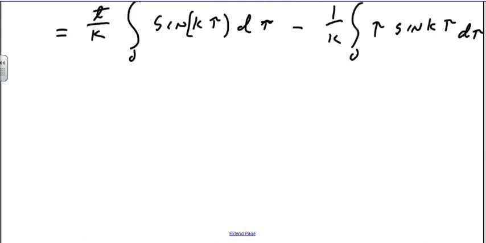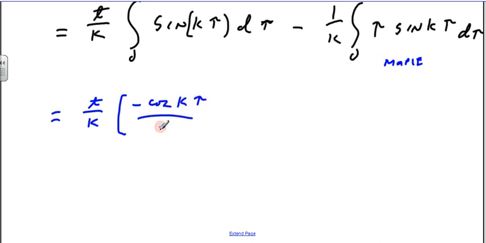So I go to my Maple program to get that integral because I can. And I know what the integral of sine k tau is, so that's not a problem. So this is going to equal t over k times minus cosine k tau divided by k, evaluated at 0 and t. Now the t and 0 don't go over here, they go in that tau guy.